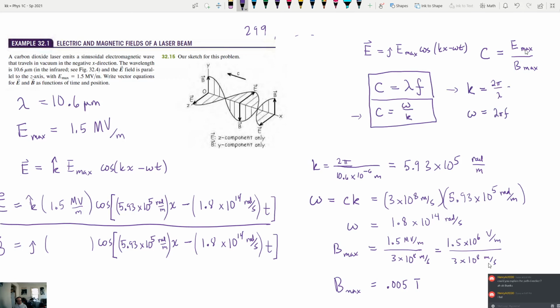Is that right? It looks like you get volt seconds out of here. Am I wrong? Meters cancel. Yeah, volt seconds.